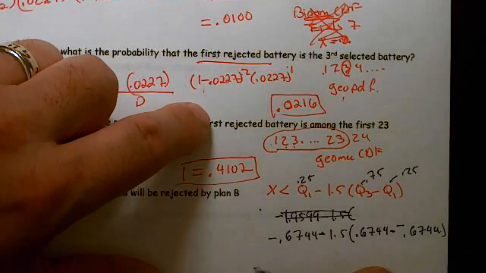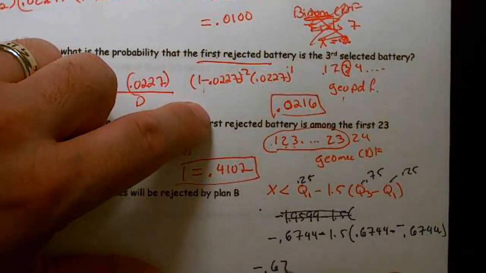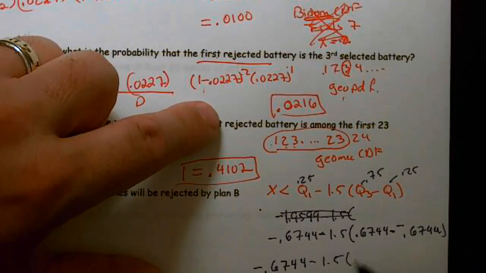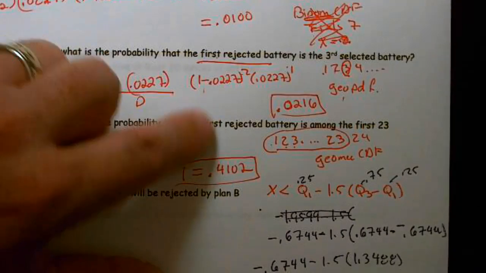So I have negative 0.6744 minus 1.5 times 1.3488.